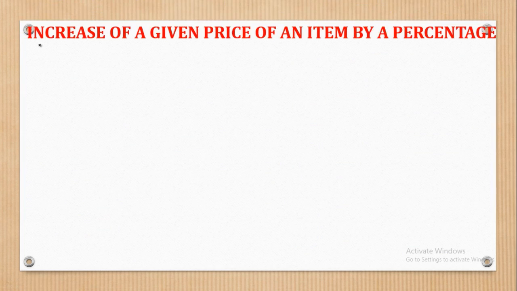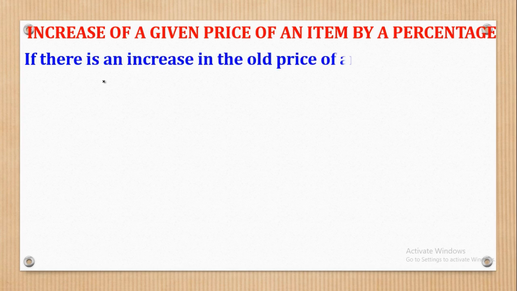Sometimes they can increase the price of an item by a given percentage, and they ask you to get the new price. In the previous slide, they gave you the new price and the old price, and asked for the percentage. But sometimes they can give the old price and the percentage, and they want you to get the new price.